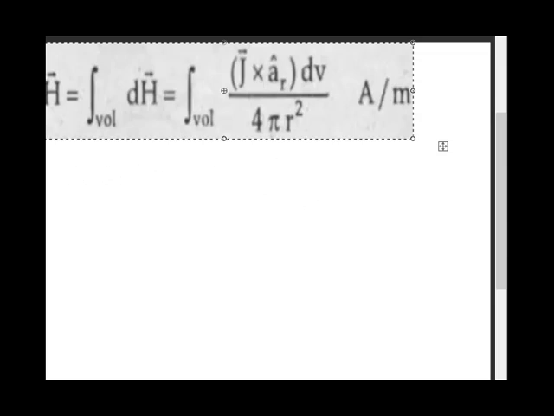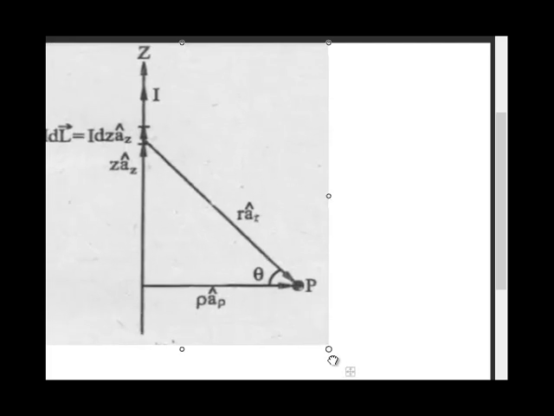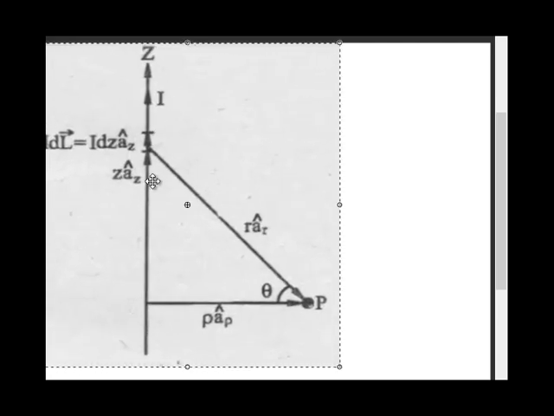The next is we have to calculate the magnetic field intensity due to an infinite filament carrying current I. So let me show the figure. Consider this figure. In this, the current filament is present on the Z axis.